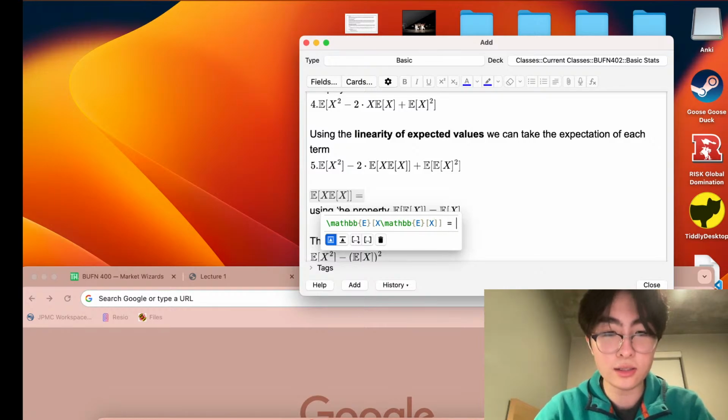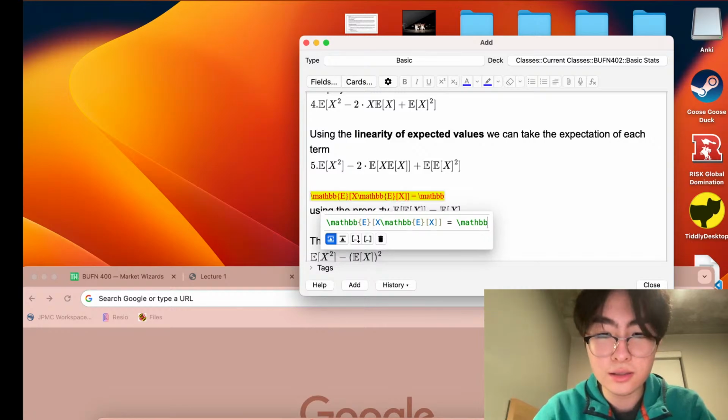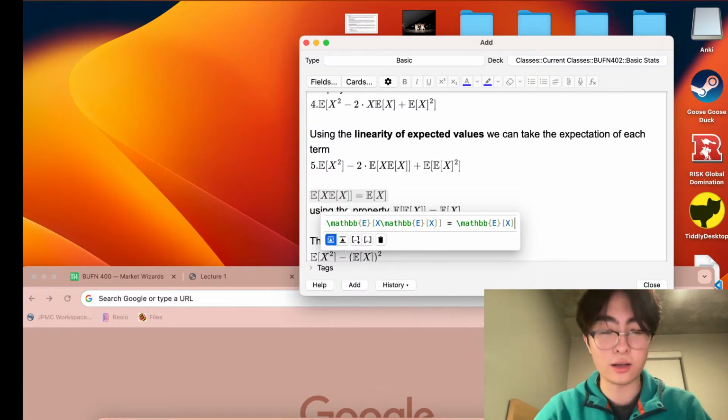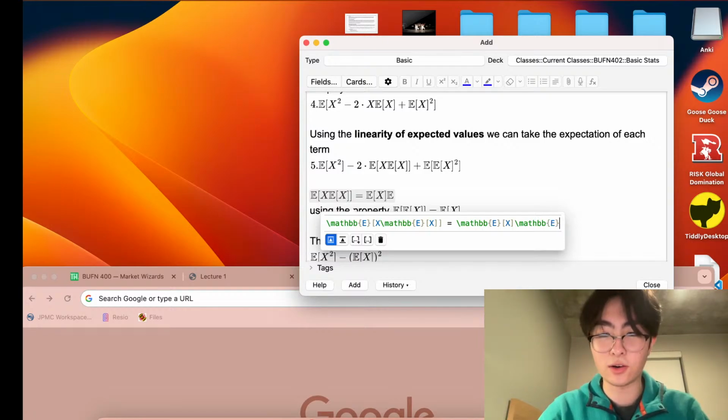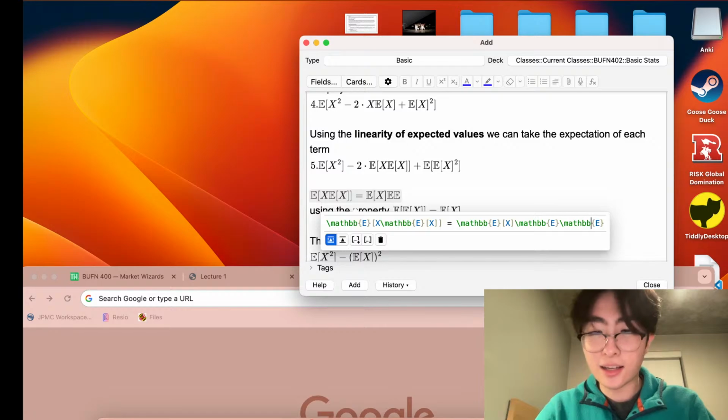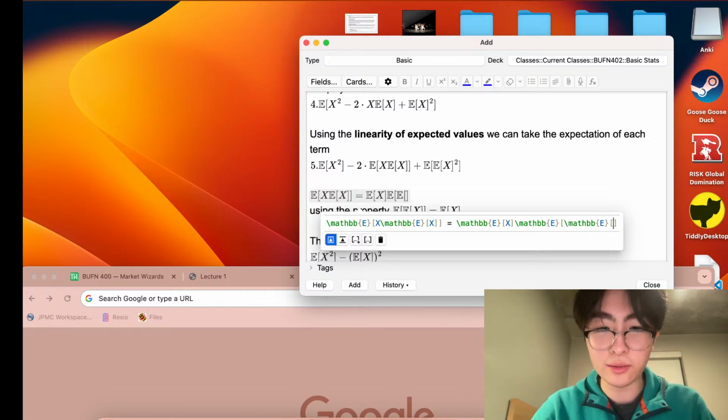So I think this is equal to the expectation of e to the x. Okay, so expectation of x times the expectation of the expectation of x. Oh my god, that is crazy. Yeah, there we go.